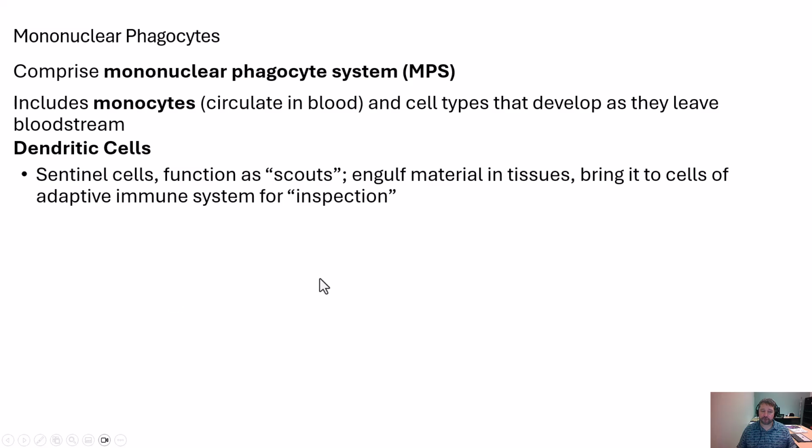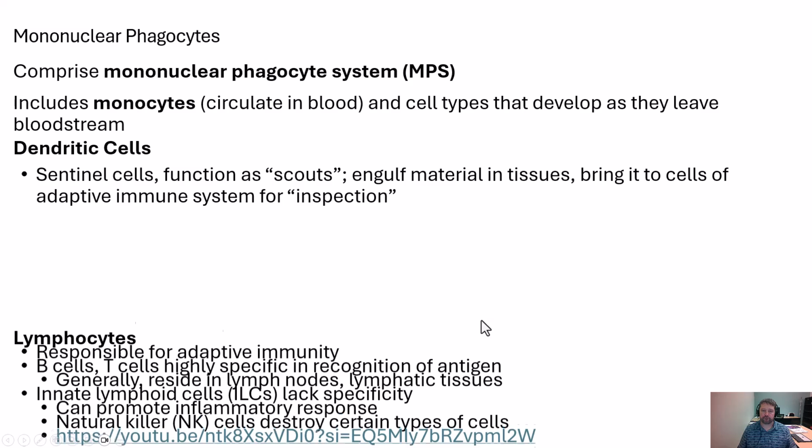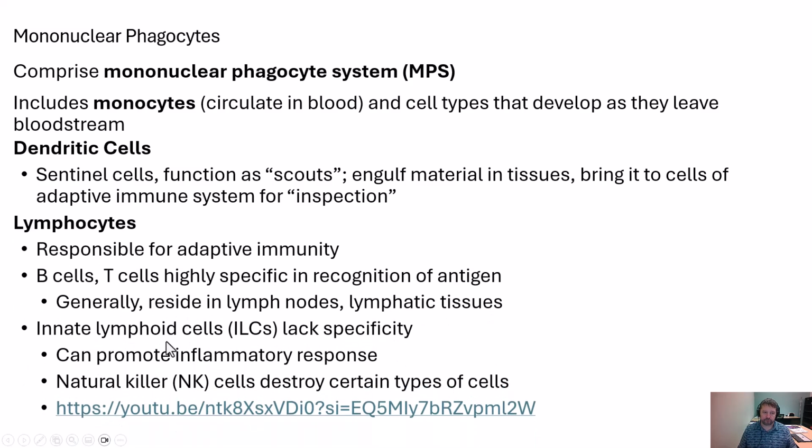So you have dendritic cells, which really function as these scouts that go out, engulf material, crush it, destroy it via digestive enzymes, and then present it to the adaptive immune system. The adaptive immune system, normally we call those lymphocytes. Okay? And so sometimes dendritic cells are considered lymphocytes.